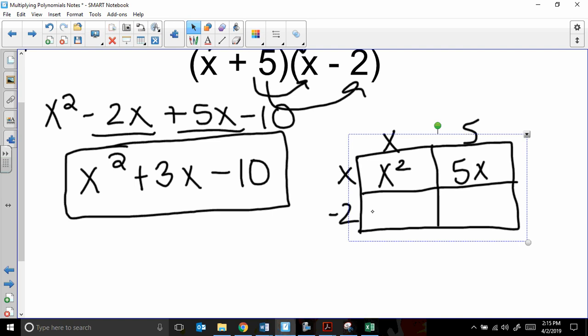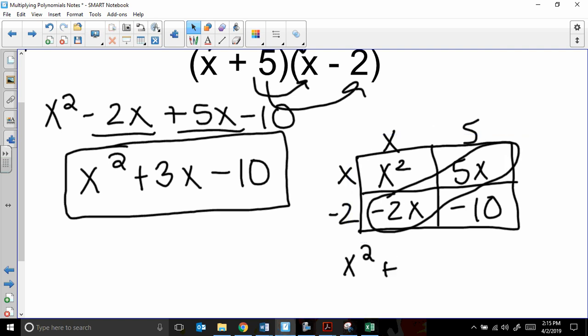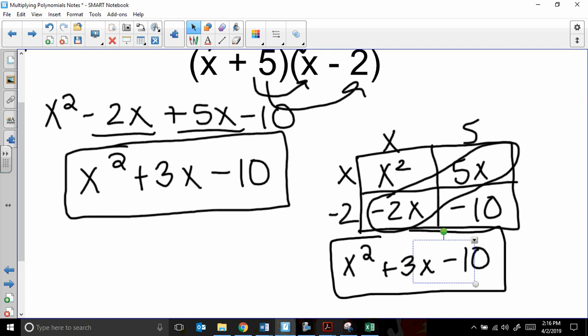X times a negative 2, which gives you negative 2x. And negative 2 times 5 is negative 10. And then here on the diagonal, you combine like terms. So we have x squared, and this comes a positive 3x, and then minus 10. And again, we got the same answer as we did with the FOIL method. And I don't really care which method you use, it's just personal preference.